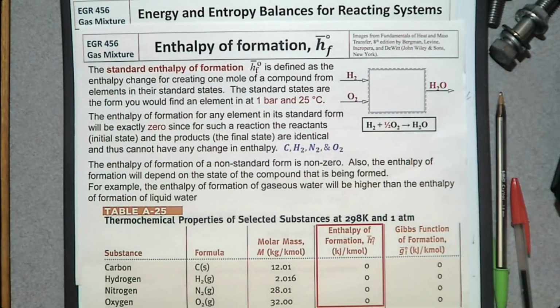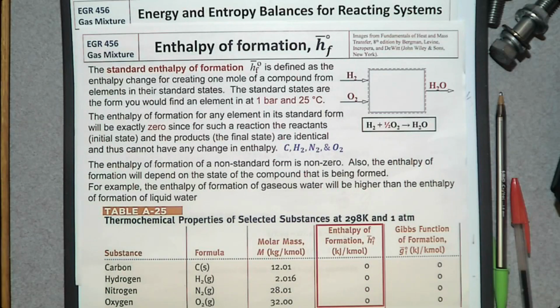To be able to determine H bar, we need to know another concept, which is the standard enthalpy of formation, because we have a combustion process. There's a reaction between two components creating another component. So we need to know how much energy is related to that combustion.